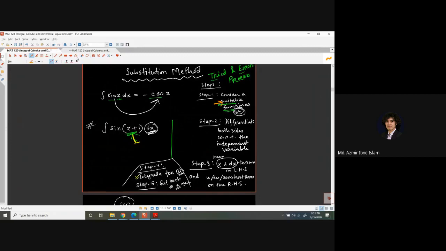Suitable means that if we are able to convert that indefinite integral to our easy notation or form, then we can say that the function is a suitable function.